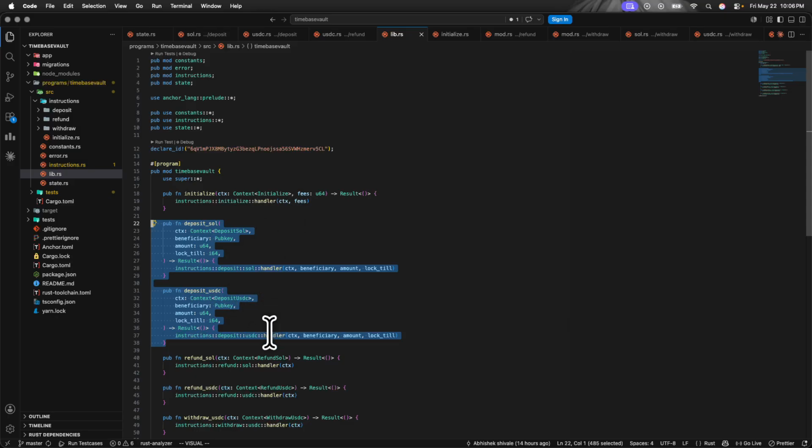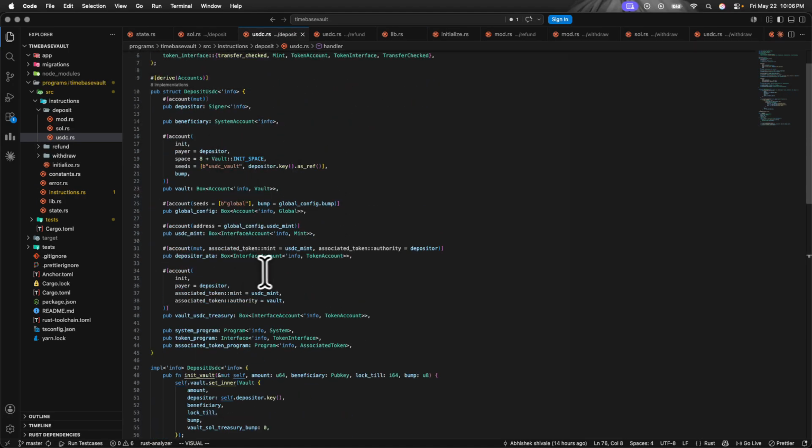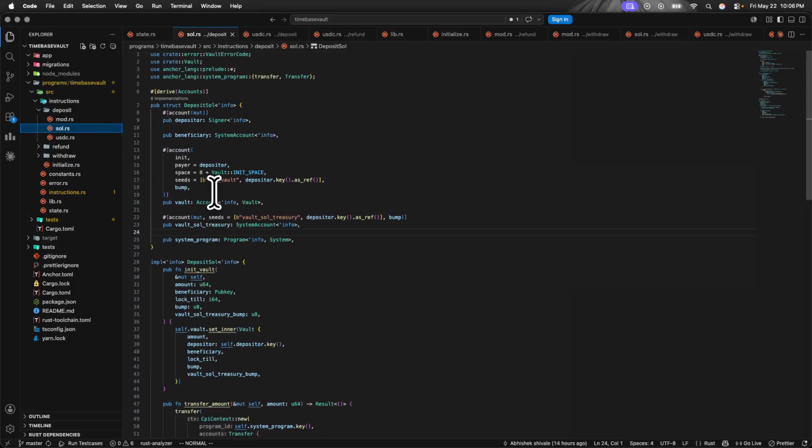Let's say this is the USDC, and if we want to make a unified deposit instruction, then we have to mention the SOL treasury.